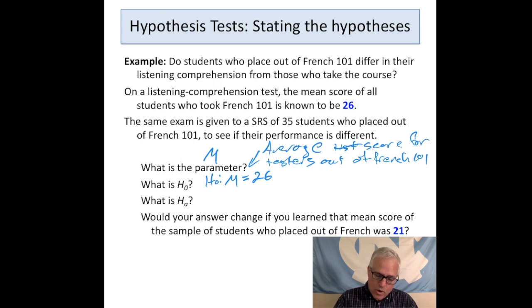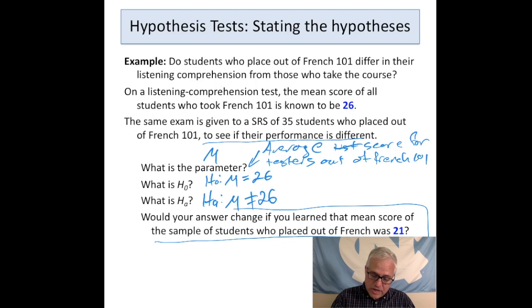Okay, and the way the question is worded, do students who test out differ? The alternative hypothesis I can write down is that the mean for this group of students who test out is not equal to 26. Okay, and then we're asked the question, would your answer to any of these questions change if you learned that the mean score of the sample of students who placed out of French 101 was 21?